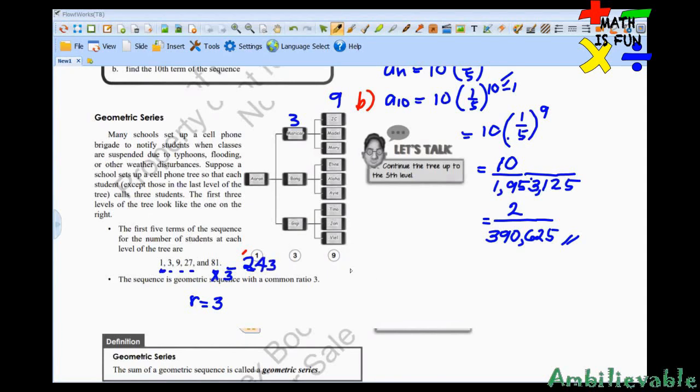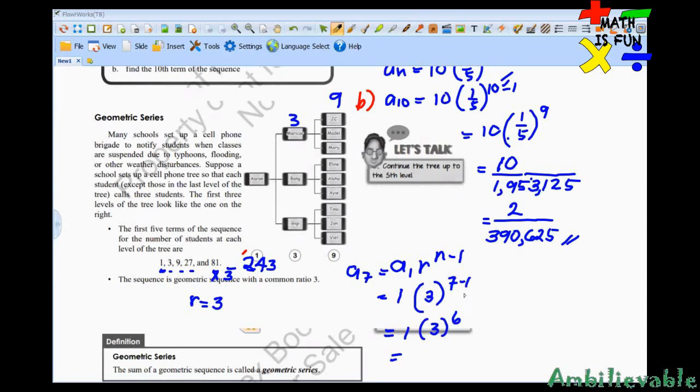And let us try to get the 7th level, using a sub 1 times r raised to n minus 1. So a sub 1, which is 1, and the r, which is 3, raised to 7 minus 1. So therefore, 1 times 3 raised to the power of 6.